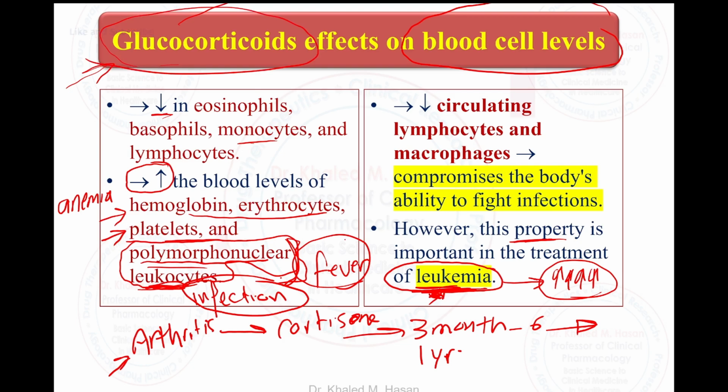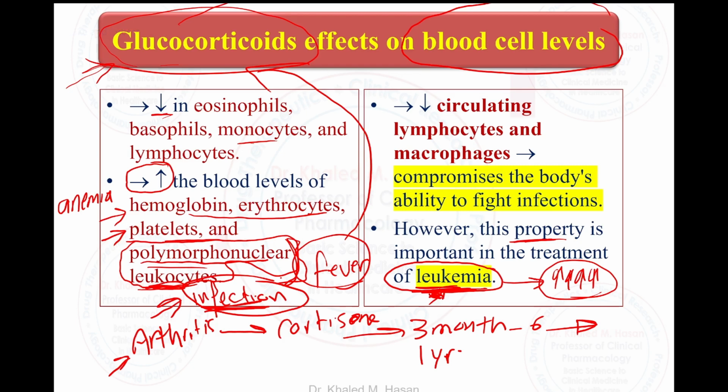If the patient takes glucocorticoids, this is not related to the infection. This is related to the glucocorticoids. So this is a kind of differential diagnosis between infection and glucocorticoid effect. For example, infections lead to an increased level of neutrophils, and glucocorticoid also increases the level of neutrophils.